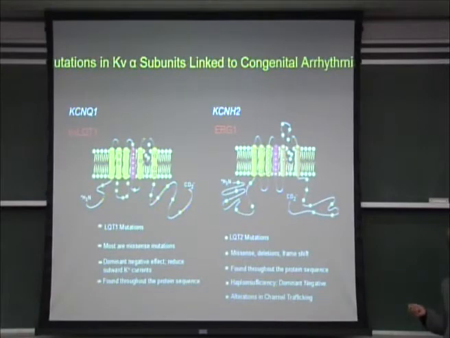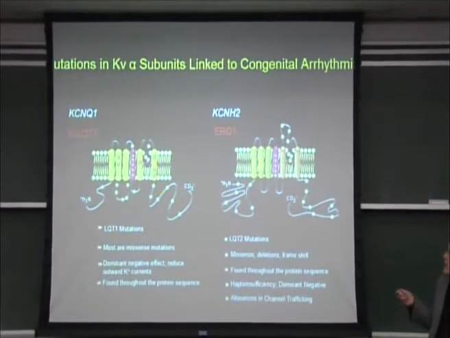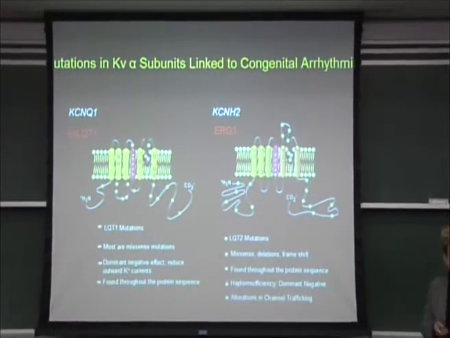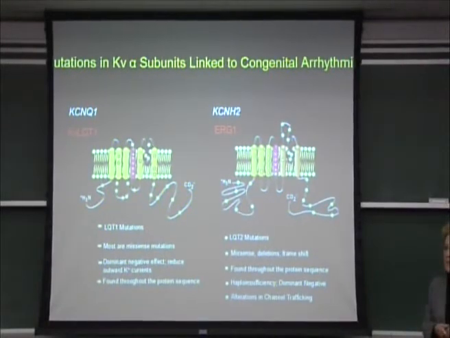And I think the study of these genes probably is one of the best examples of where people have made great efforts and now great strides in linking genotype to phenotype in patients, which actually has led to improved clinical treatment of people whose arrhythmias are inherited.